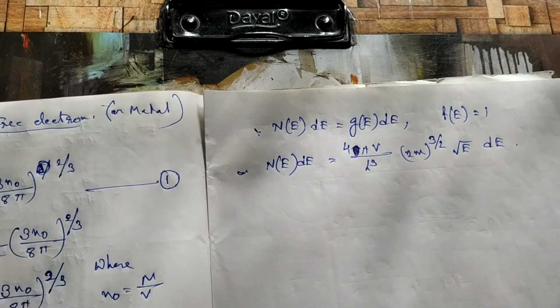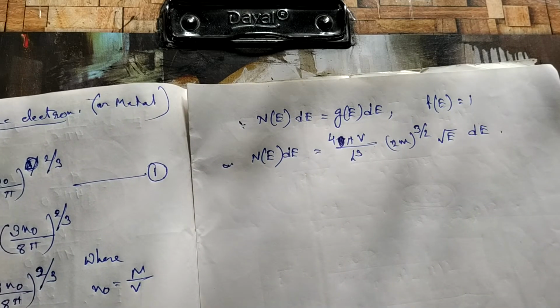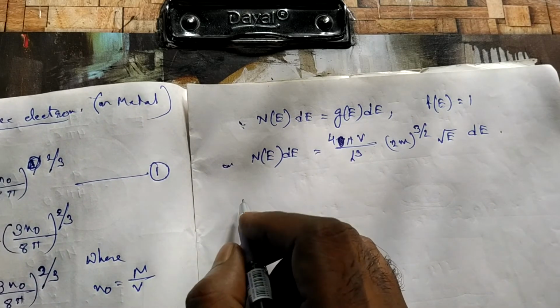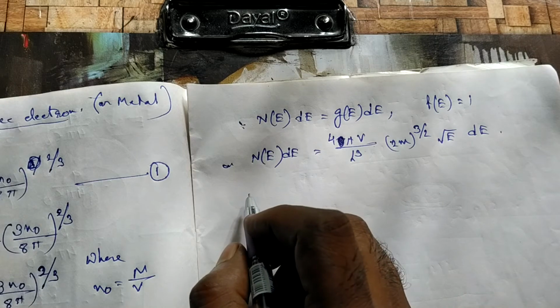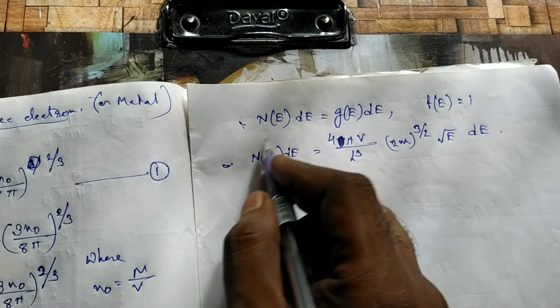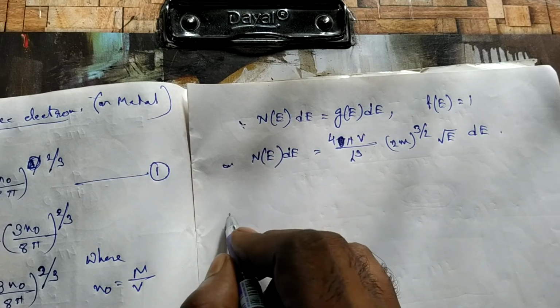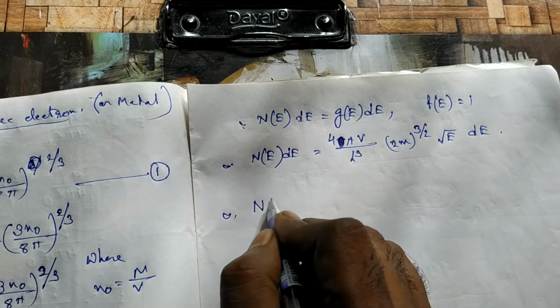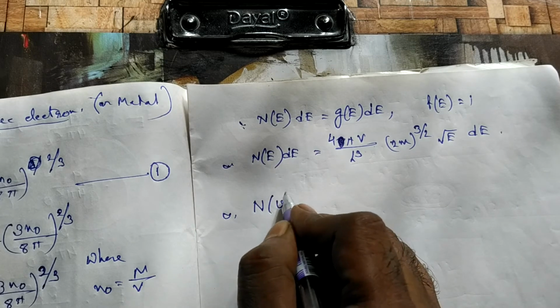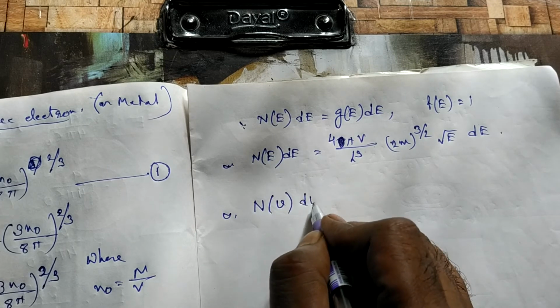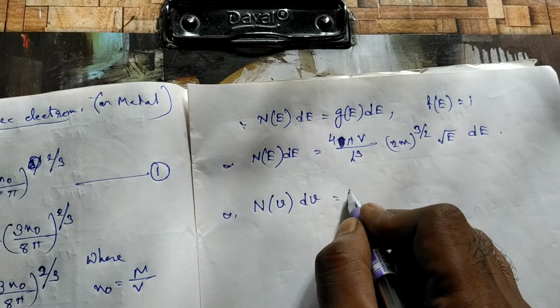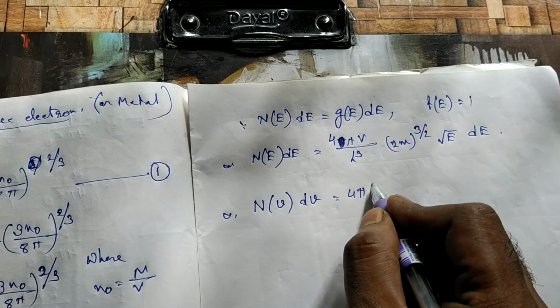This is the expression for the density of states. Here n is a function of energy. Now consider n as a function of velocity.